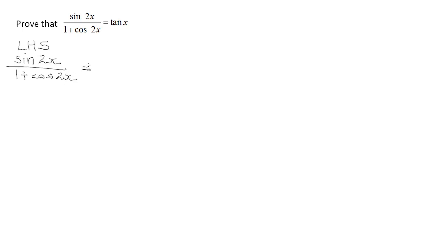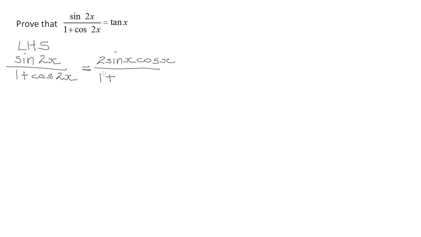This is equal to, according to my formula sheet, sine 2x, the double angle. If you look at formula number 13, it will give you 2 sine x cos x, plus 1 plus cos 2x. My formula sheet gives me 3 formulas: cos squared x minus sine squared x, 1 minus 2 sine squared x, 2 cos squared x minus 1.